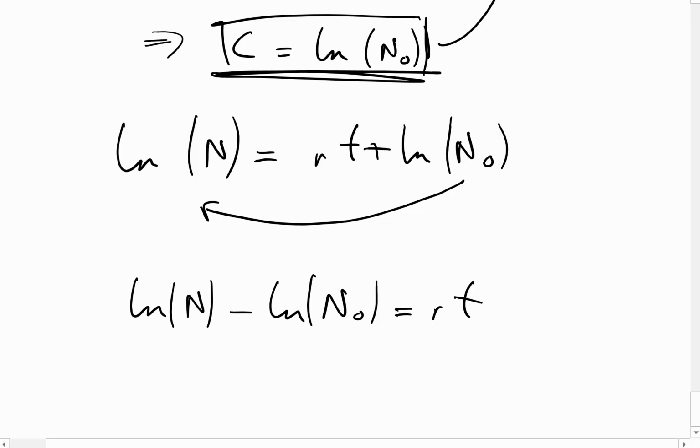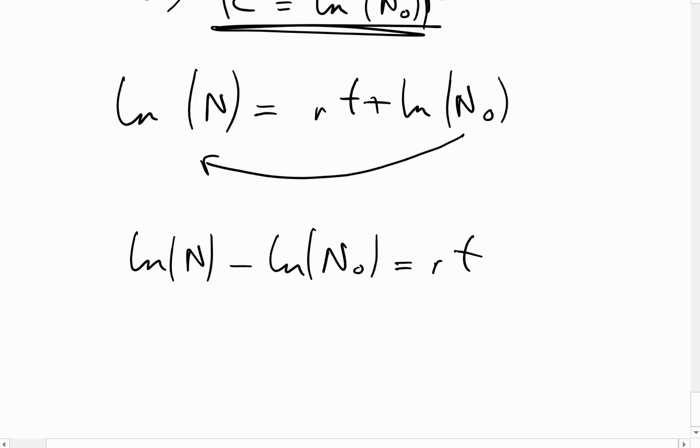Well, by log laws, when we have two logs subtracted from each other, I can just condense that down into the argument in the two logs. So this n and this n naught, those are the arguments, divided by each other. So log of n subtract log of n naught is going to be the same as log of n over n naught. You can see that from power laws. And that's equal to rt.